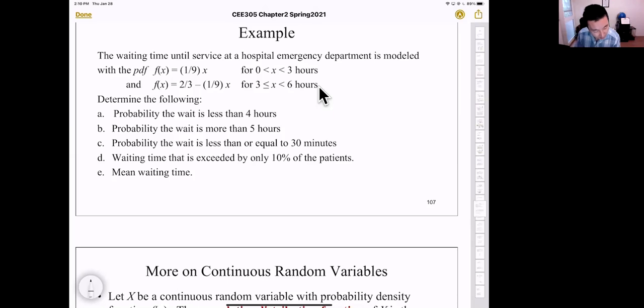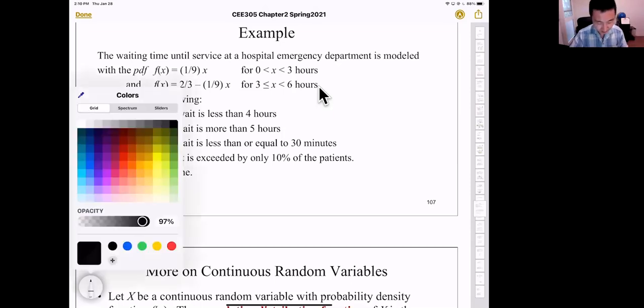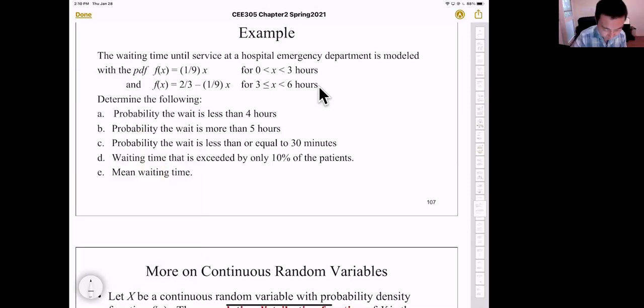So the waiting time until service at a hospital emergency department is modeled with the PDF of these two functions. When x is between 0 and 3, it is this. Between 3 and 6 hours, f(x) becomes this.